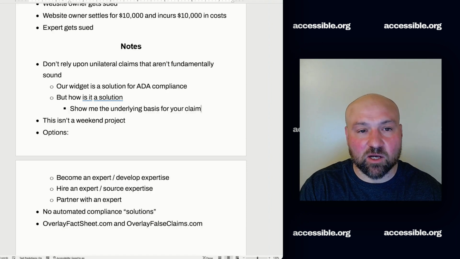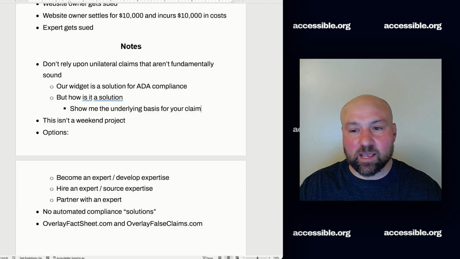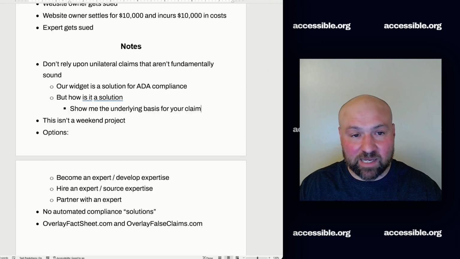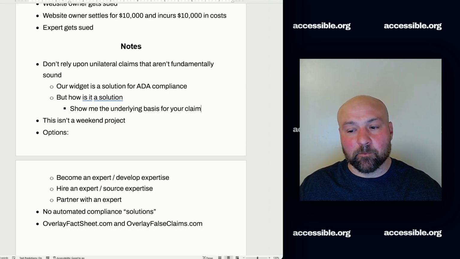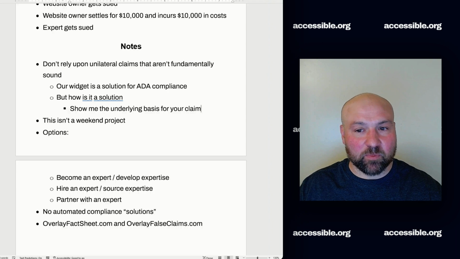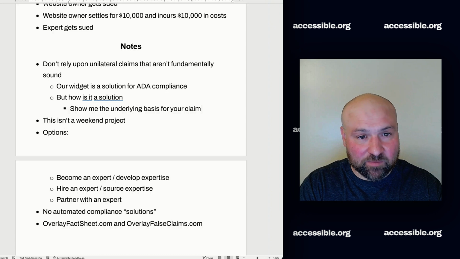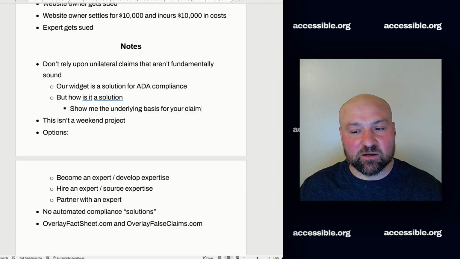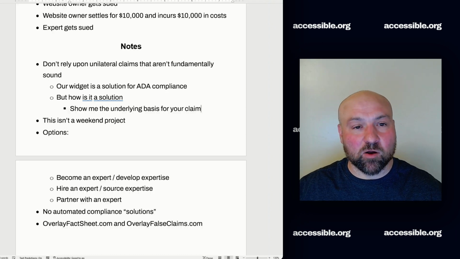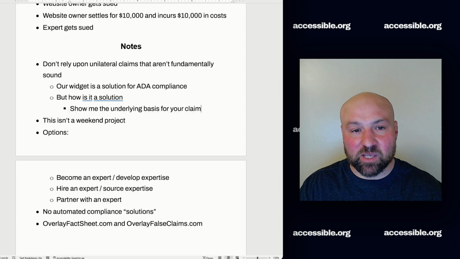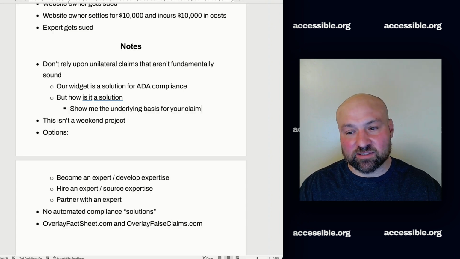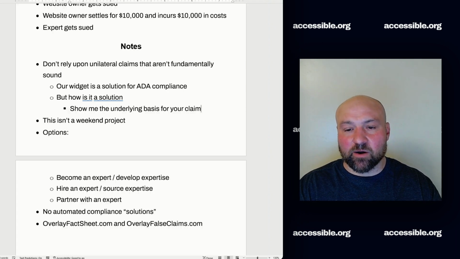So SEO, although SEO and accessibility are really unrelated, they are in the same space. So when we're talking about SEO for websites, accessibility can go right along with SEO as being a service that a website owner is interested in. All right, and so those are your options.